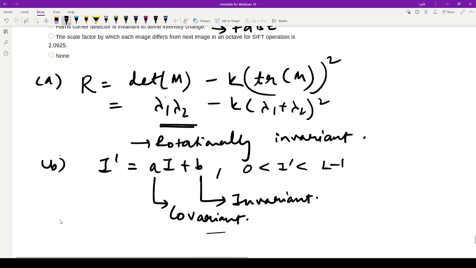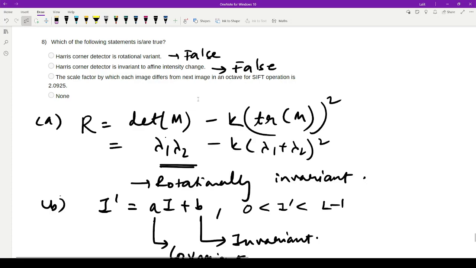Okay, the next part is about the SIFT detector. The scale factor by which each image differs from the next image in an octave for SIFT operation is 2.0925. Do you think it's right?